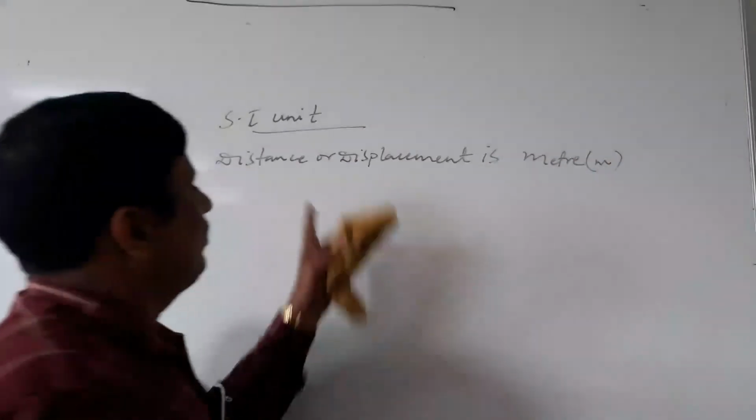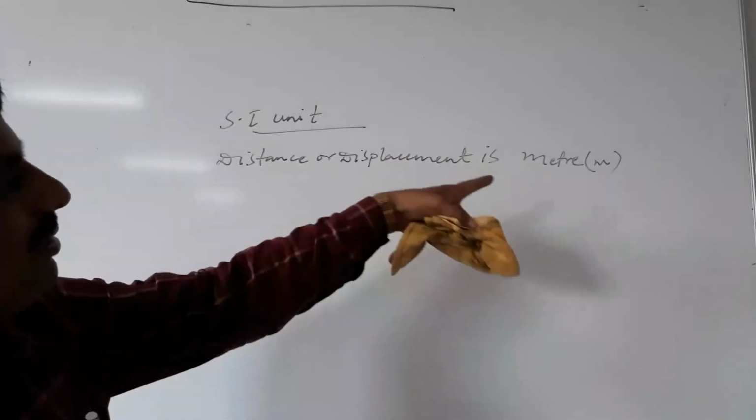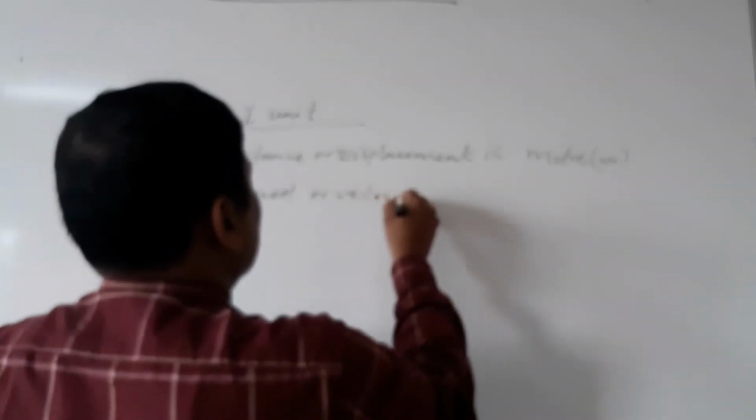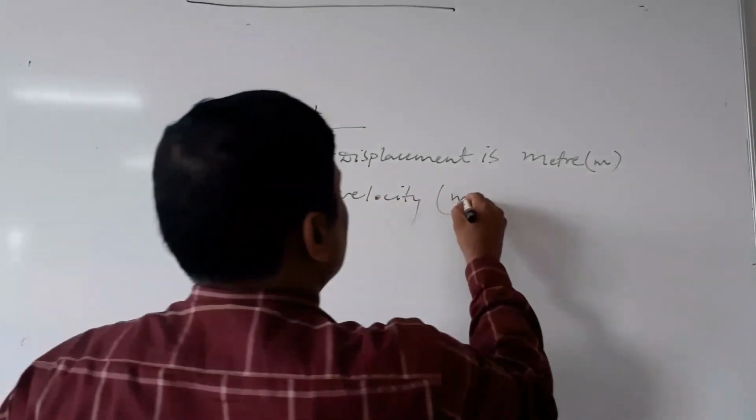We can measure distance or displacement in meter. This is the SI unit. Speed or velocity, meter per second.